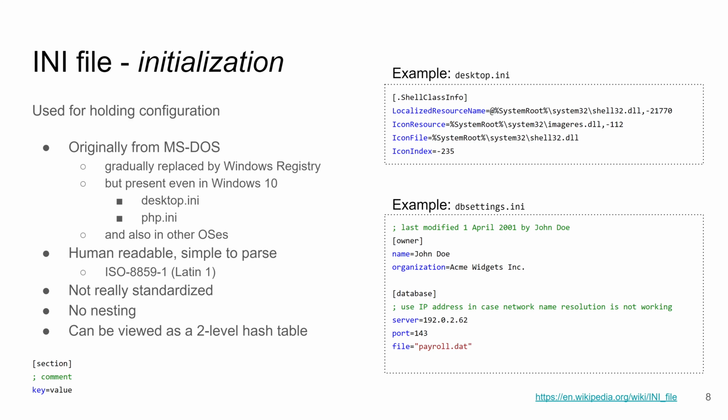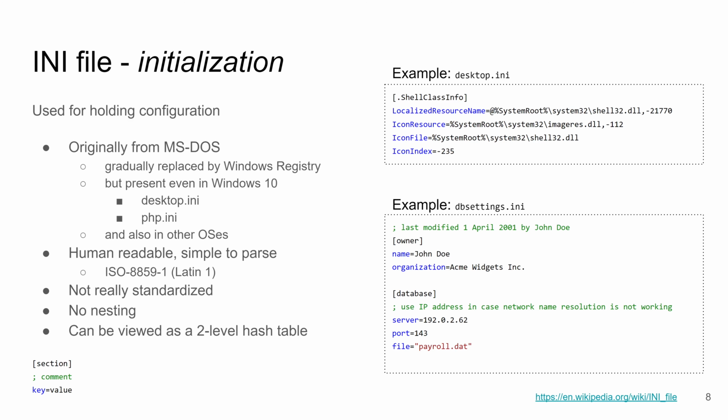The INI file structure is not really standardized because it was just defined originally by Microsoft, and it is just used. Because it's not very complex, there are only sections, comments, and key value pairs. There is no official standard or specification.